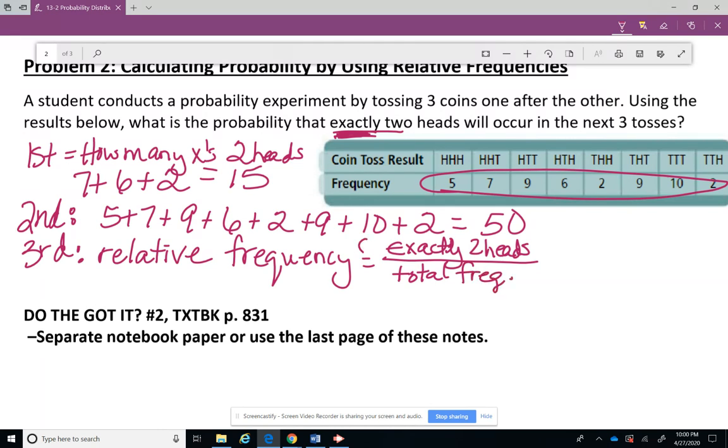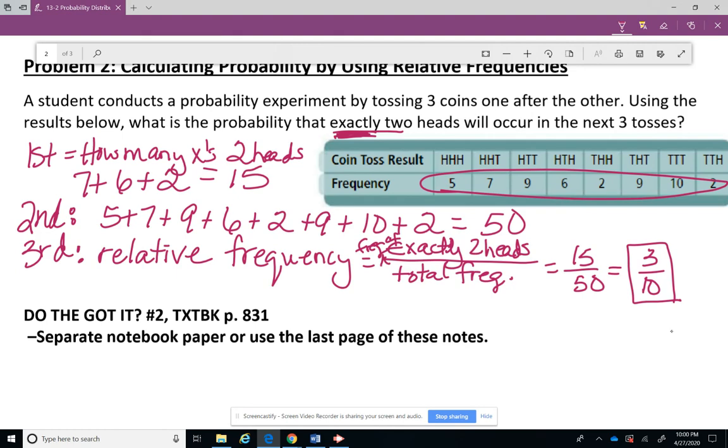Now you could put the frequency of exactly 2 heads, but you know what I mean. So that's 15 over 50. All right, divide both by 5. You should get 3 over 10. So based on the data collected, the probability that the next toss will be exactly 2 heads is going to be 3/10.